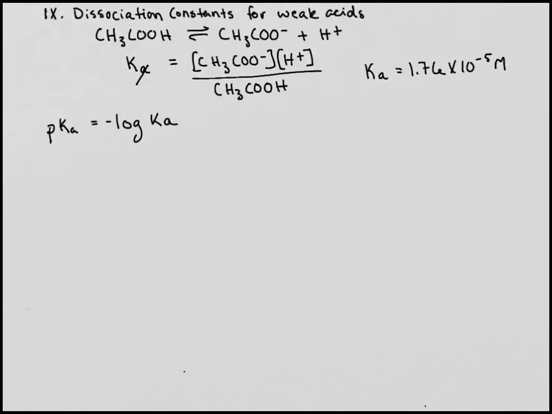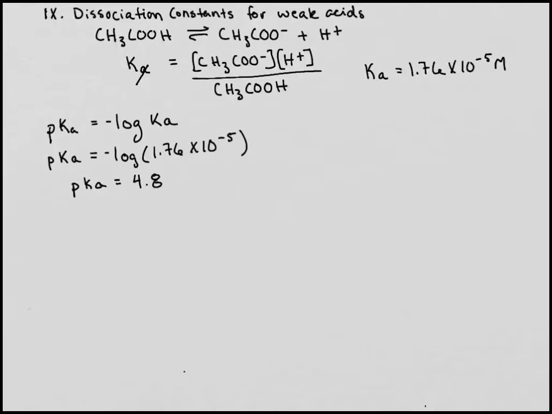And so if we plug in to get pKa, we find that that is equal to negative the log 1.76 times 10 to the minus fifth, and that pKa or pK is going to be equal to 4.8. It's like, cool, that's a less cumbersome number, but what does it really mean to us?